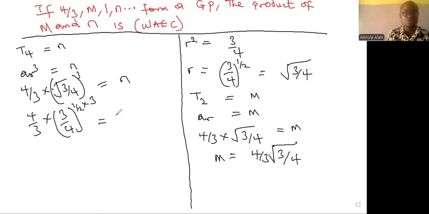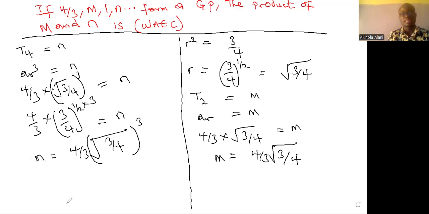In that case, my n is equals to 4 over 3 into the square root of 3 over 4 raised to the power of 3. Now, I know my m and I know my n, so I'm told to find the product of m and n.